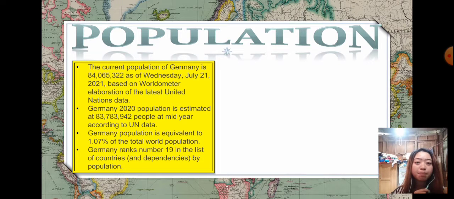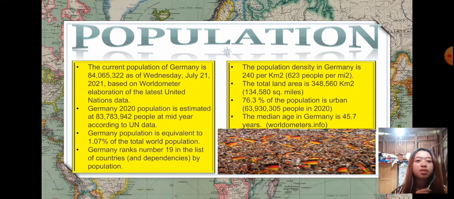Also, Germany's population is equivalent to 1.7% of the total world population. Germany ranks number 19 in the list of countries and dependencies by population. The population density in Germany is 240 per square kilometer, 623 people per square mile.